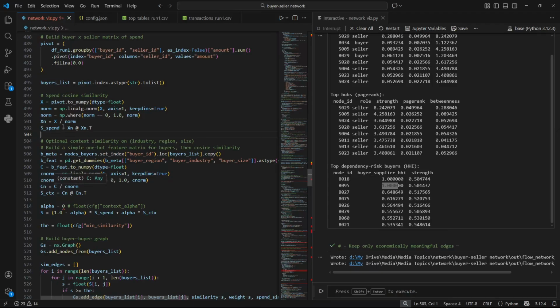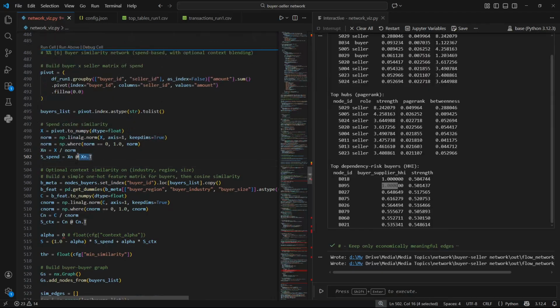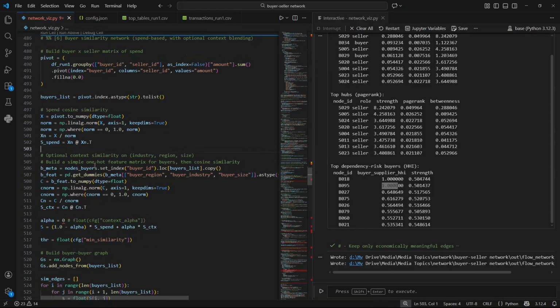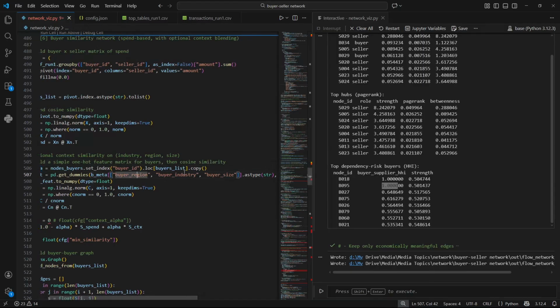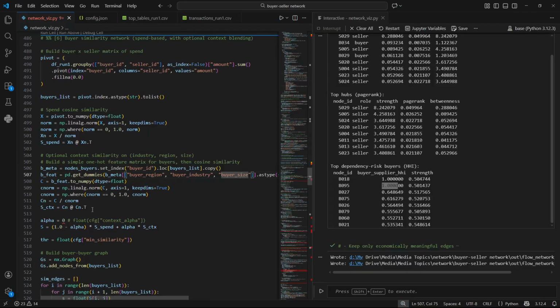One is based on the network itself, which is based on how similar your choice of partners has been to others. This other part is based on how similar you are as a buyer in terms of region, industry, and size. So we define that similarity in CTX, and S spend is based on the network spending.